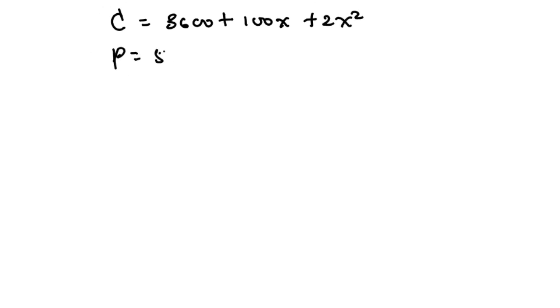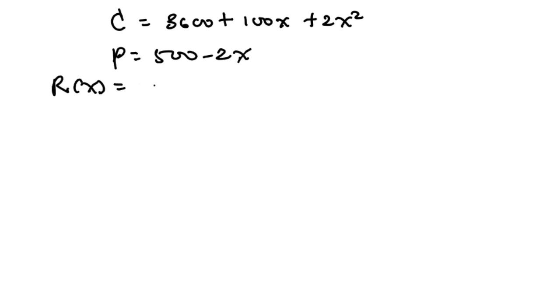We have the cost function equivalent to 3,600 plus 100x plus 2x squared. And then we have the price function equivalent to 500 minus 2x. So first, like I said, we need to find the revenue function.